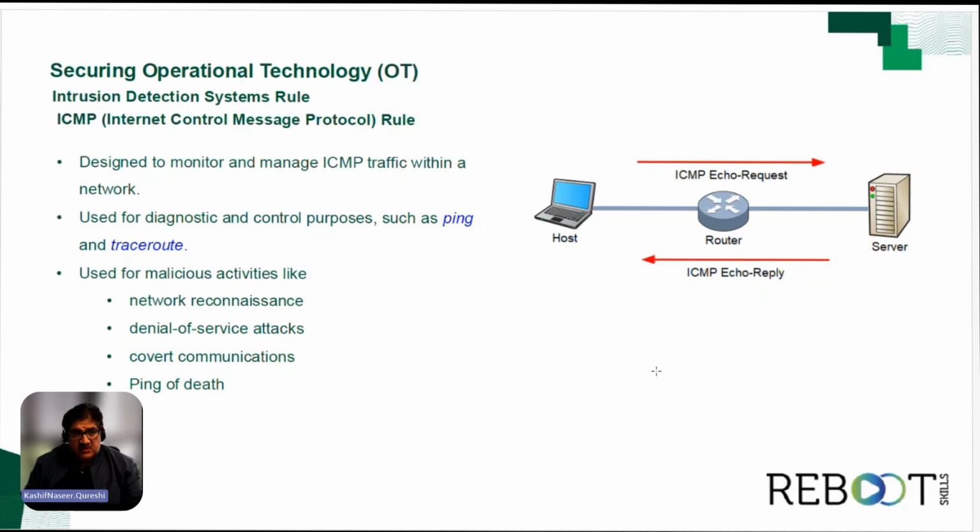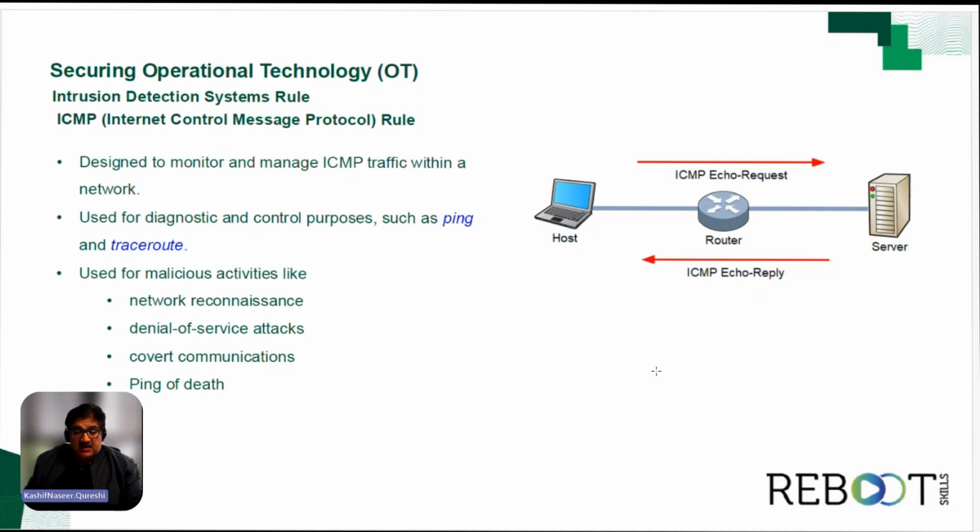Traceroute is another function we use, especially to trace the path packets take to reach the destination. It helps identify routing issues and understand the network topology as well. By monitoring ICMP traffic, the network administrator can diagnose connectivity problems and ensure the network is functioning properly or not.